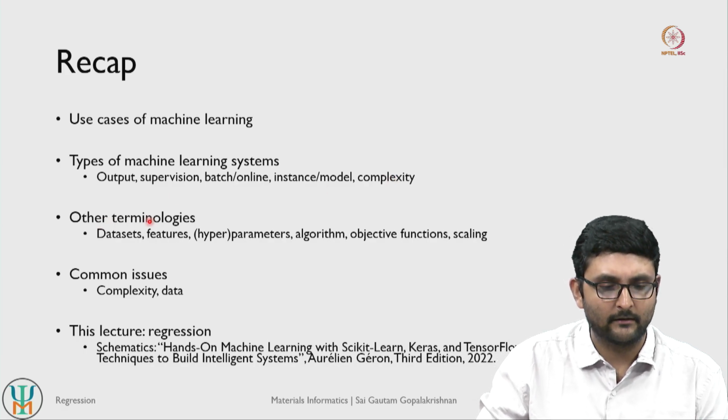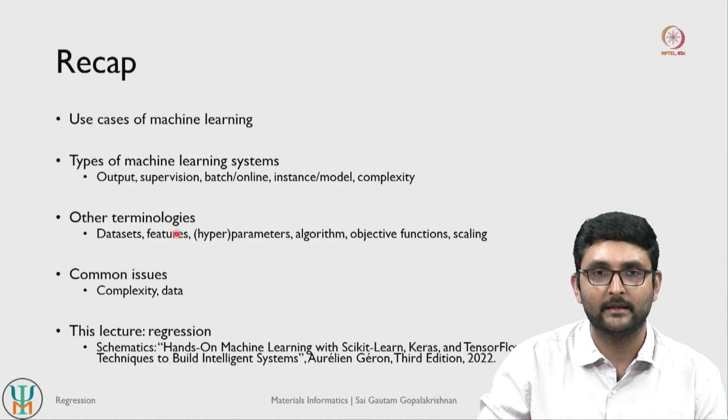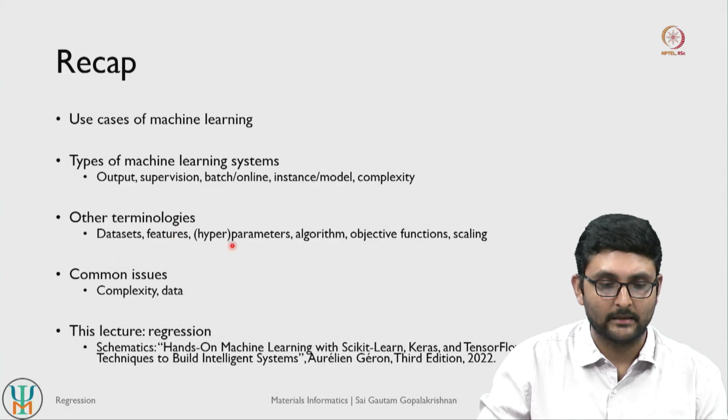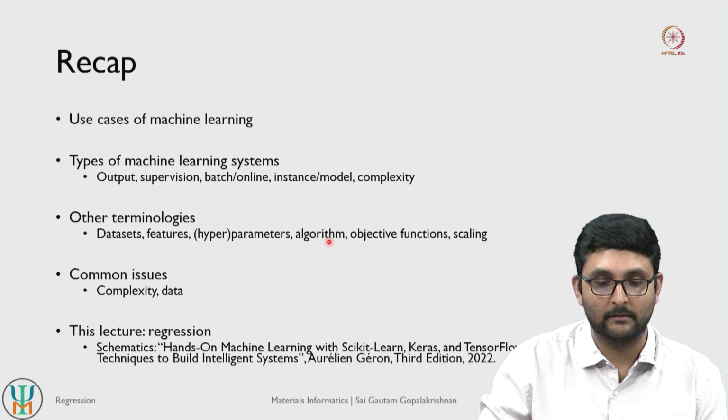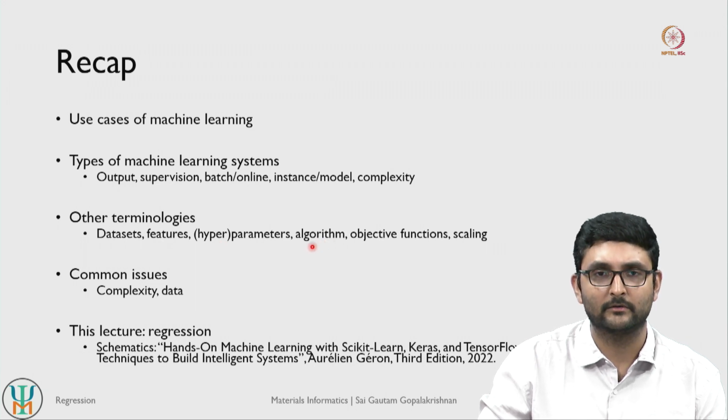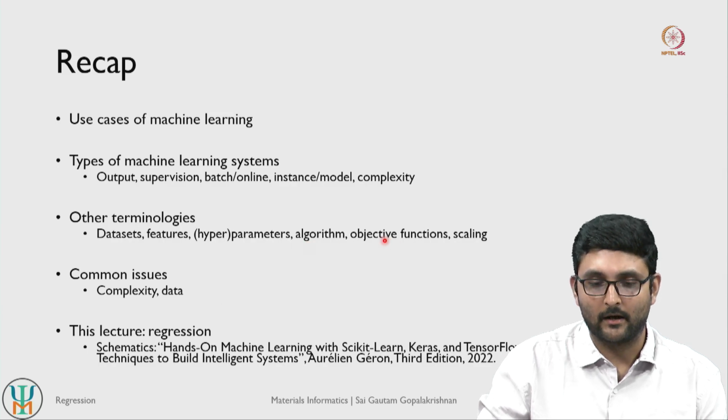We also discussed a few other terminologies such as datasets, features which are used to uniquely identify each data point in your dataset, parameters and hyperparameters associated with models, the specific algorithm you generally use to fit a model or to train a model, and also the objective function.